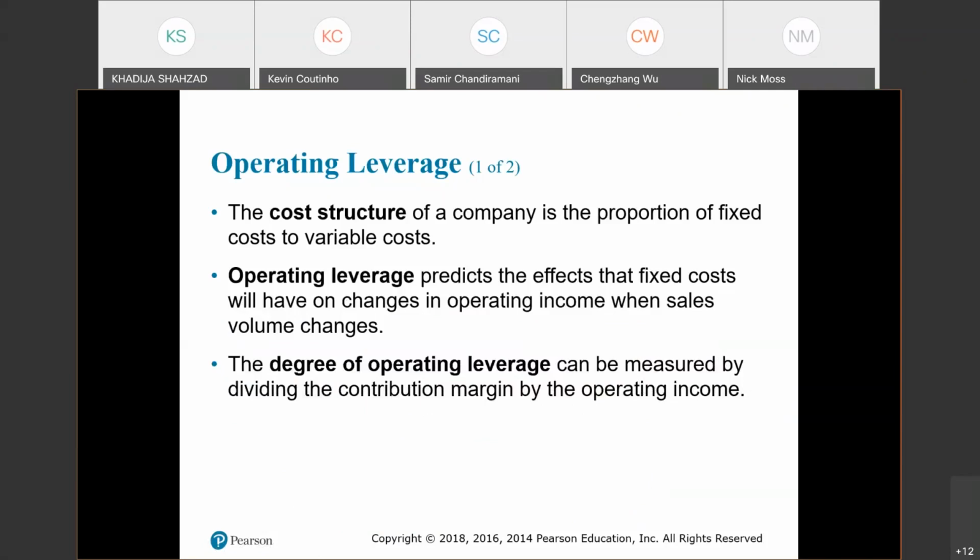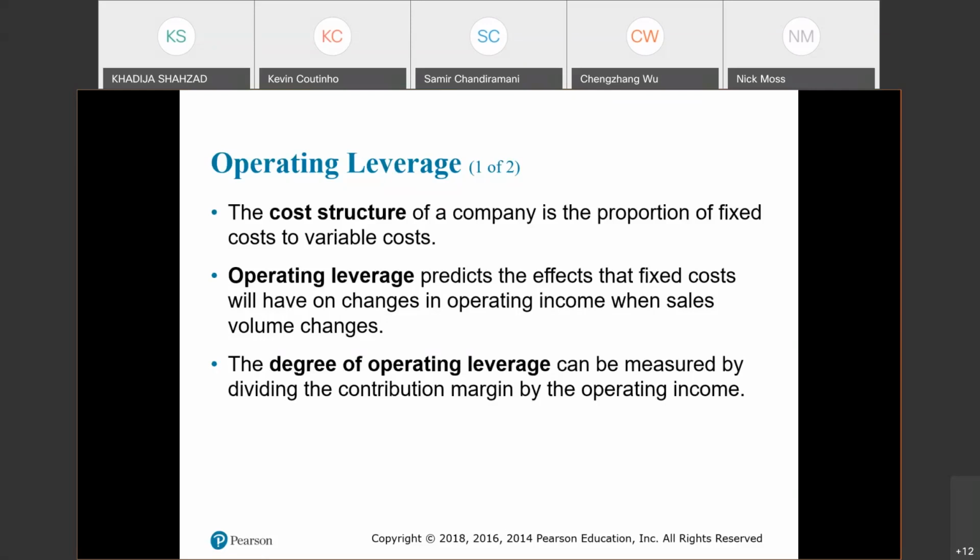Well, next, let's see operating leverage. The cost structure of a company is the proportion of fixed cost to variable cost. This relationship is important because depending on the cost structure, small changes in the business environment could have a substantial impact on profits.